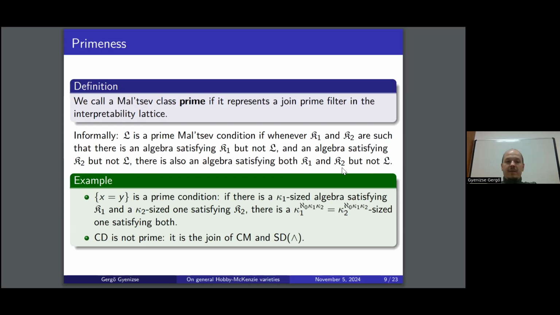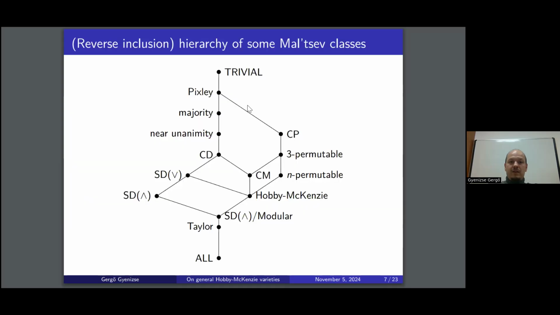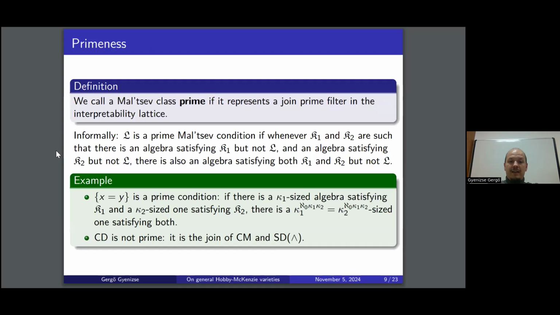So let's see some examples. First of all, on the top of this picture, and also the top of the interpretability lattice, the class of trivial Mal'cev classes, that will be a prime condition. And this is not hard to see why. So suppose that K1 and K2 are such that there is an algebra satisfying K1, but not this. That just means that there is a non-trivial algebra that satisfies K1. Let's say that its size is kappa 1.